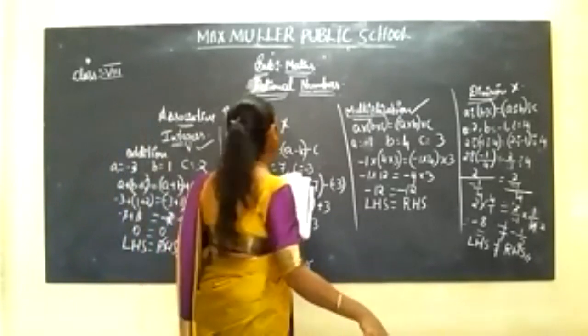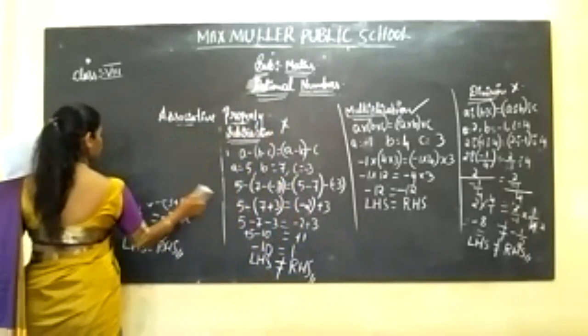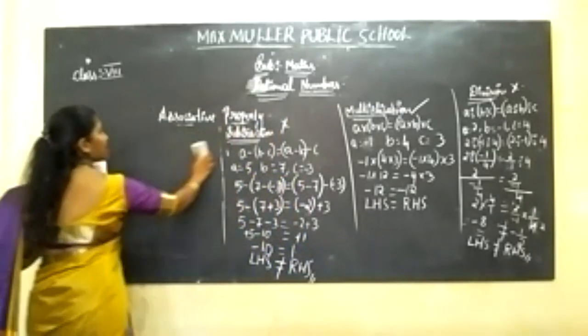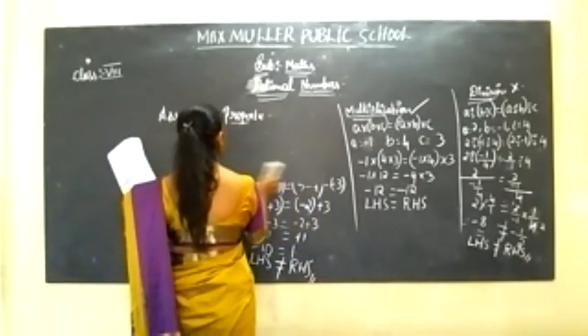Next I'll be solving for rational numbers. Only multiplication and addition satisfy, but not subtraction and division.